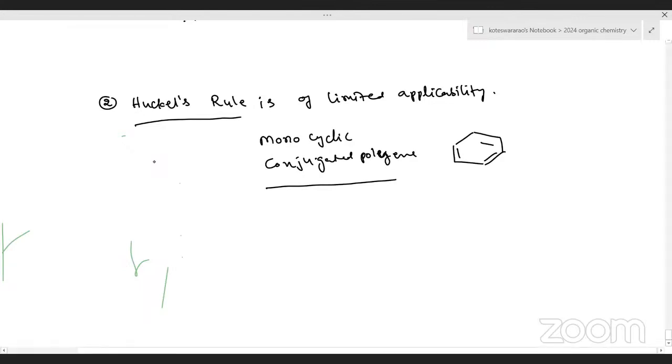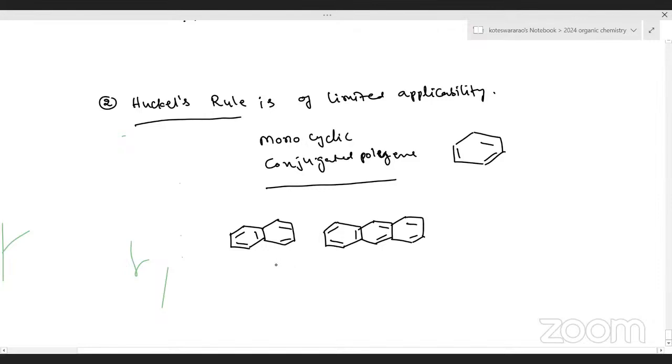What are the polycyclic conjugated systems? We've seen pyrene, naphthalene, anthracene, phenanthrene. Such kinds of molecules are called polycyclic conjugated systems.